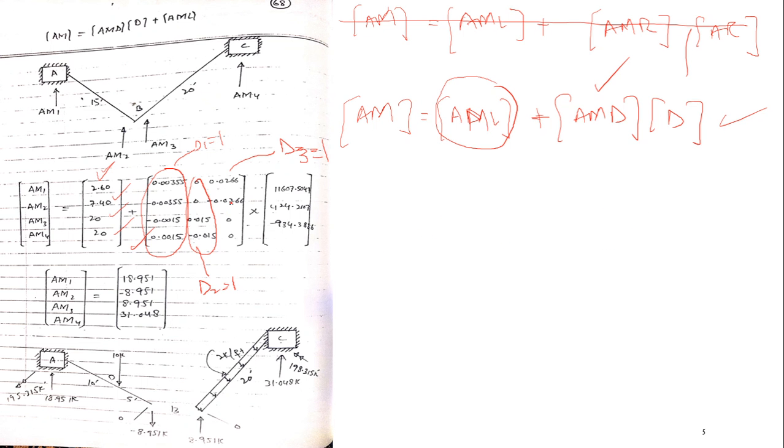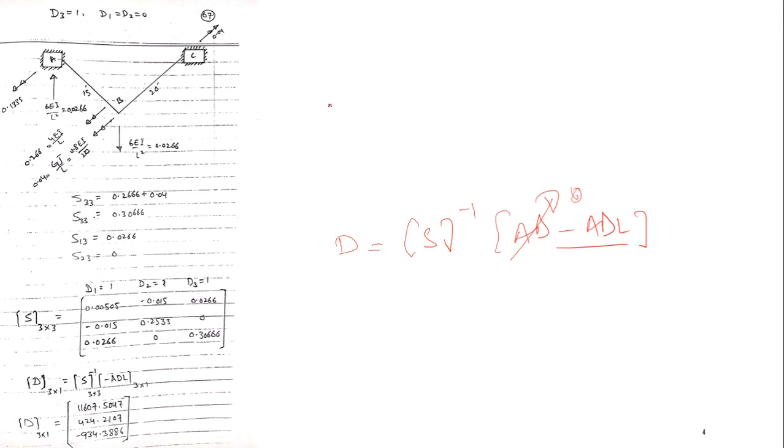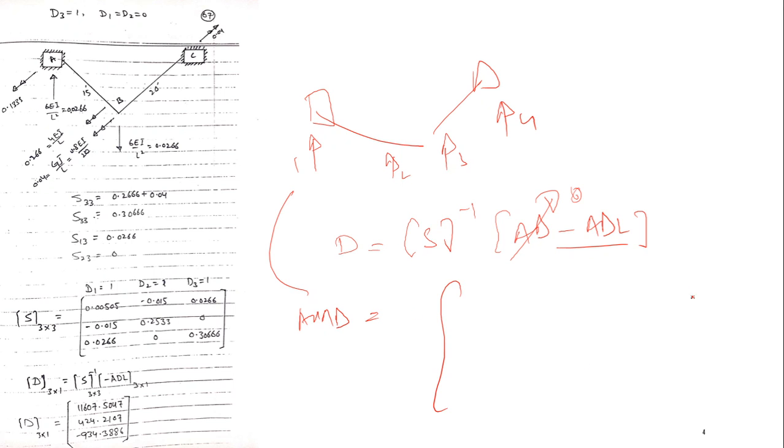It's very easy. I don't know what's stopping you from understanding this. I have taken this as my AM1, this is my AM2, this is my AM3, and this is my AM4. So I am constructing AMD, the third column, D3. D2 and D1 have been constructed already.